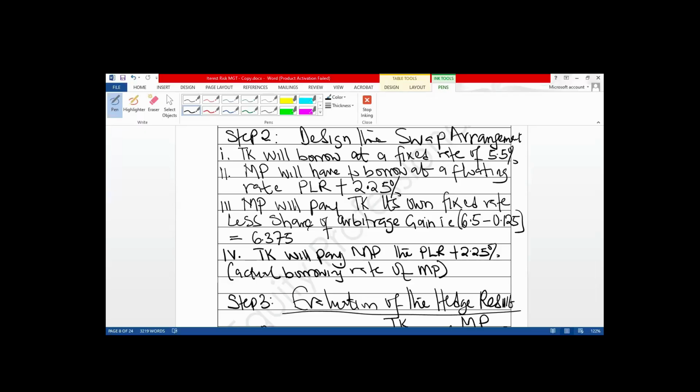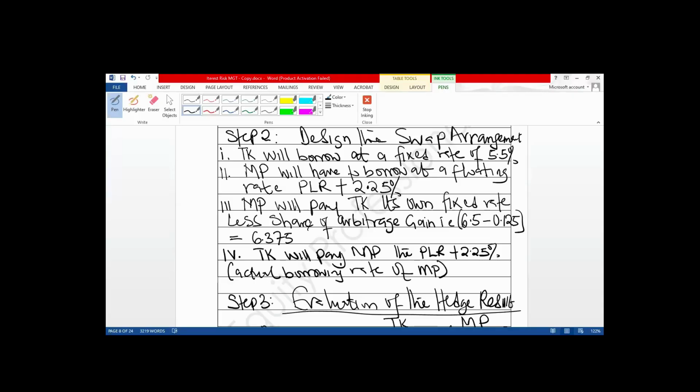Then number 3, MP will pay TK its own fixed rate less share of arbitrage gain. What is the fixed rate of MP? 6.5. What is the share of arbitrage gain? 0.125. That means MP will pay TK 6.375.